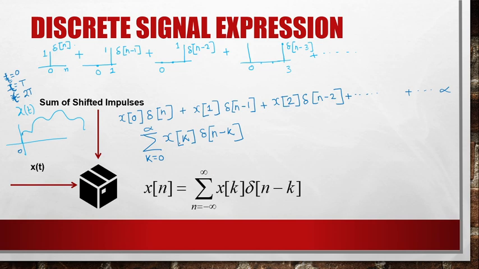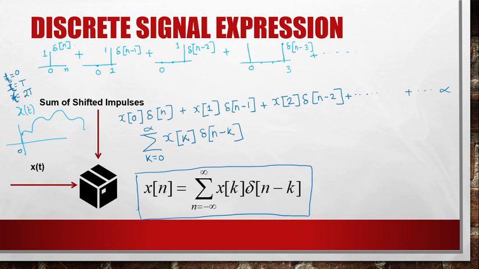So you can find that it is becoming the mathematical expression of a discrete signal after sampling. So this is very important. When you are making a continuous signal into discrete, what you are doing?